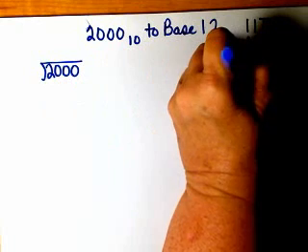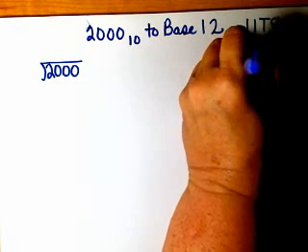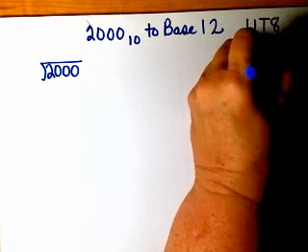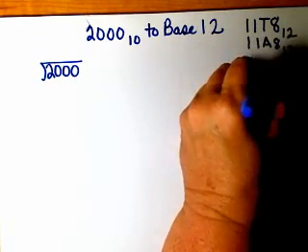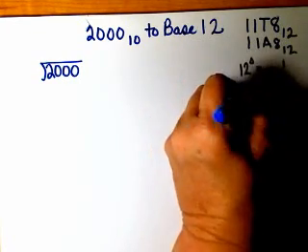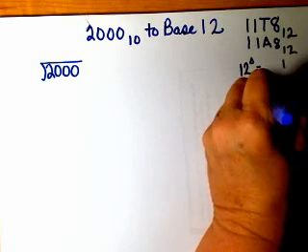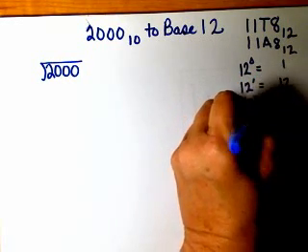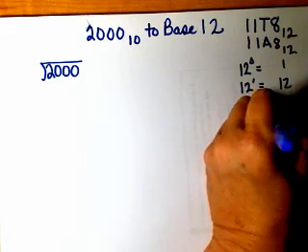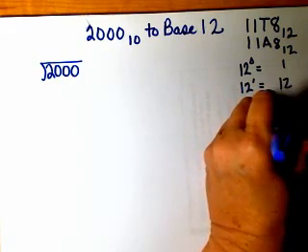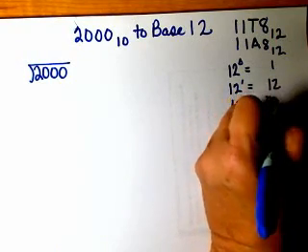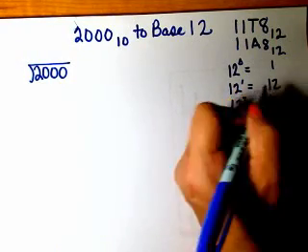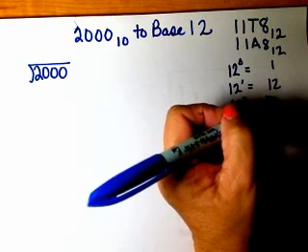So we're going to be dividing. Over here, we're going to need bigger numbers now than we've used before. So 12 to the 0 is 1. 12 to the first power is 12. 12 to the second power is, oh, it's been a long evening.